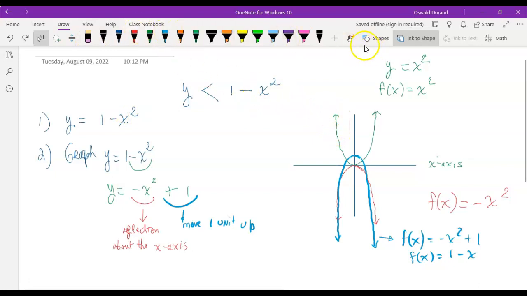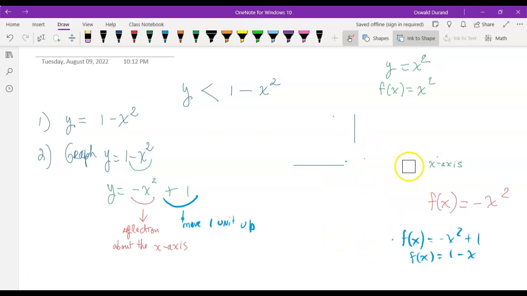Let me see if I can. Oh, come on. Uh-oh. Okay, so let me erase and recreate it. So you should know how to do it now, right? Oh, come on.